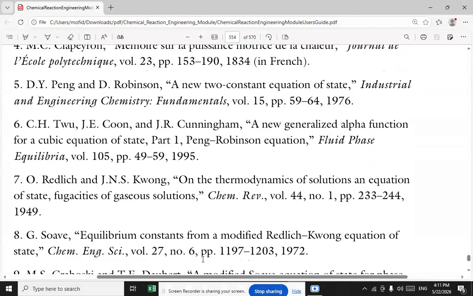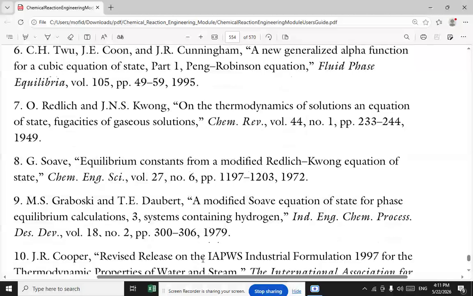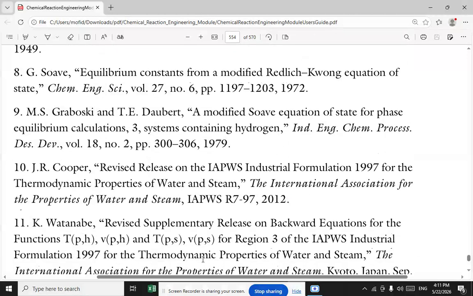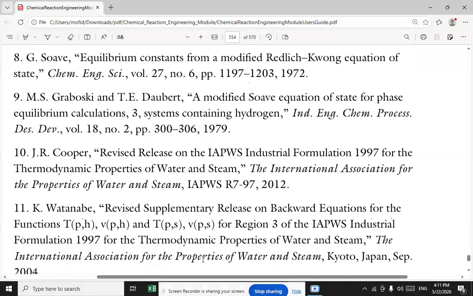The next was written by Twu, and the name is a new generalized alpha function for a cubic equation of state. The next was written by Redlich, the name is On the thermodynamics of solutions and equation of state, fugacities of gaseous solutions. The next was written by Soave, the name is equilibrium constants from modified Redlich-Kwong equation of state.